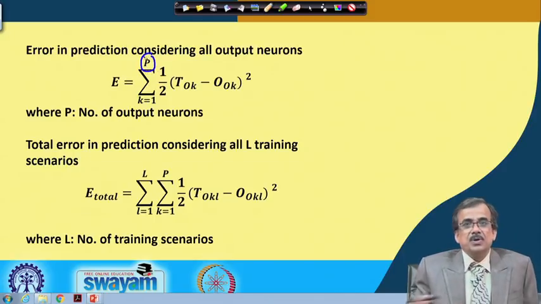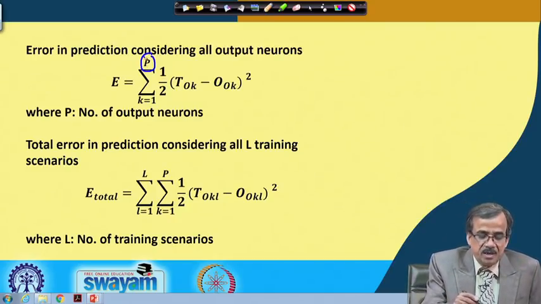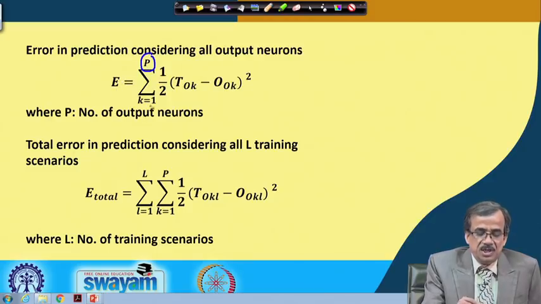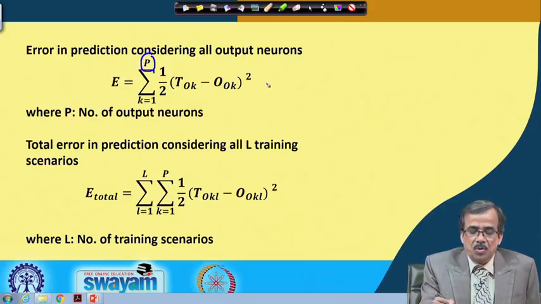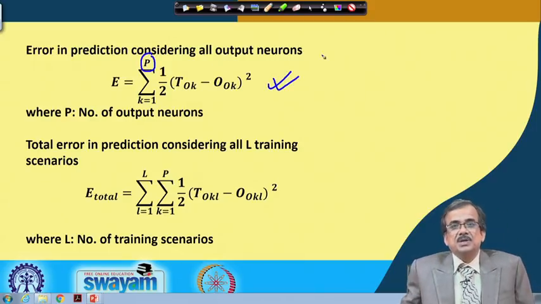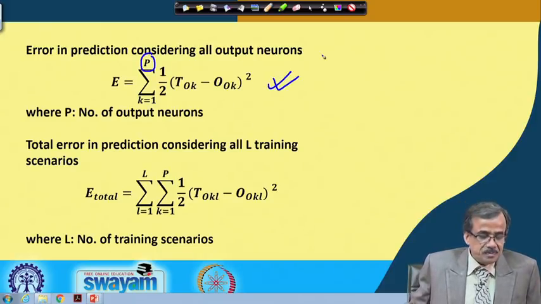So, I can find out the total error of all the neurons lying on the output layer, and that is E equals summation k equals 1 to capital P of half (TOK minus OOK) squared. This is the total error of the output layer considering P neurons.